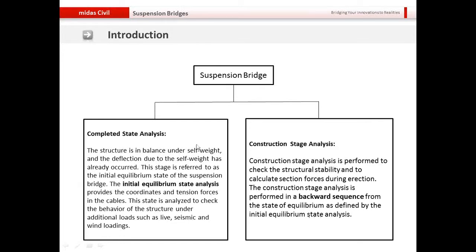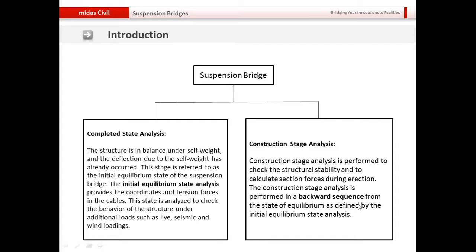So basically, first we have the completed state ready with us. We do the analysis, we obtain the coordinates and the tension forces for the cables, and from there we move in the backward direction to the very first stage. Basically it's a deconstruction, you can say.